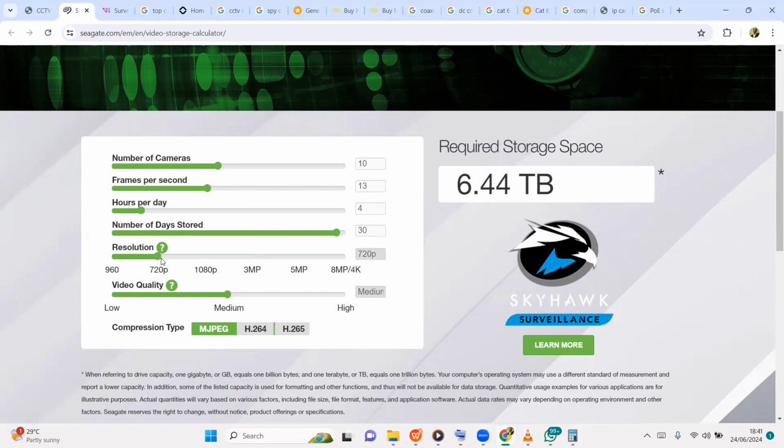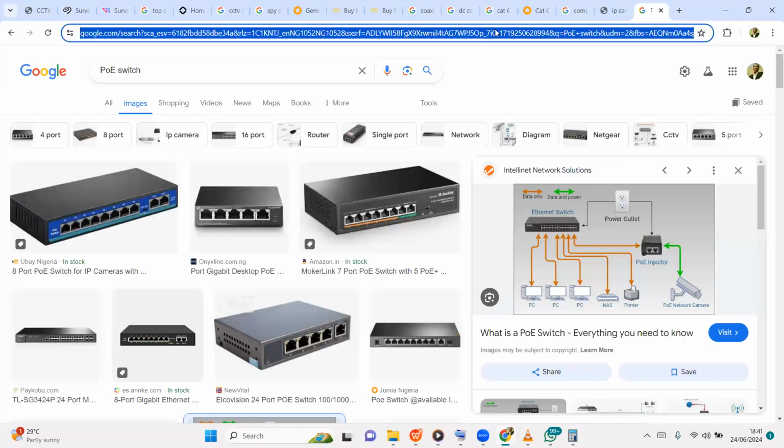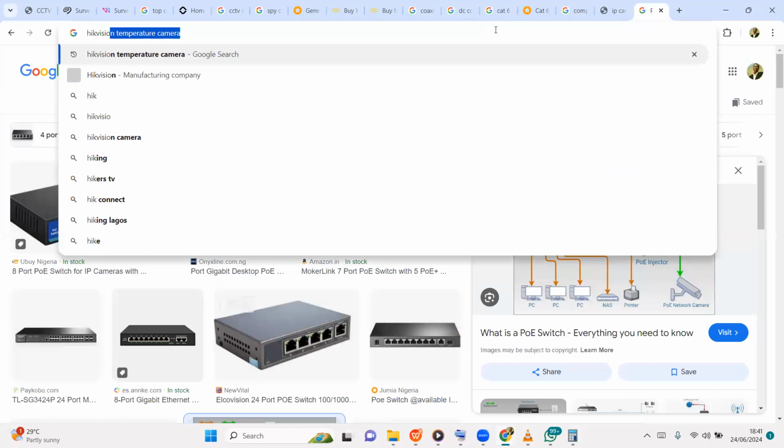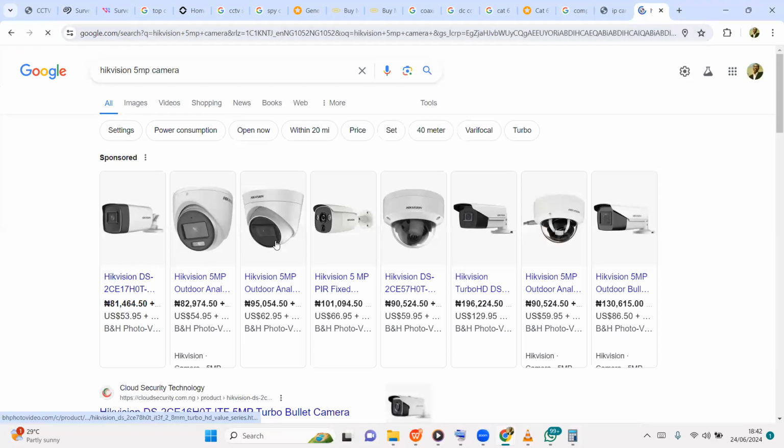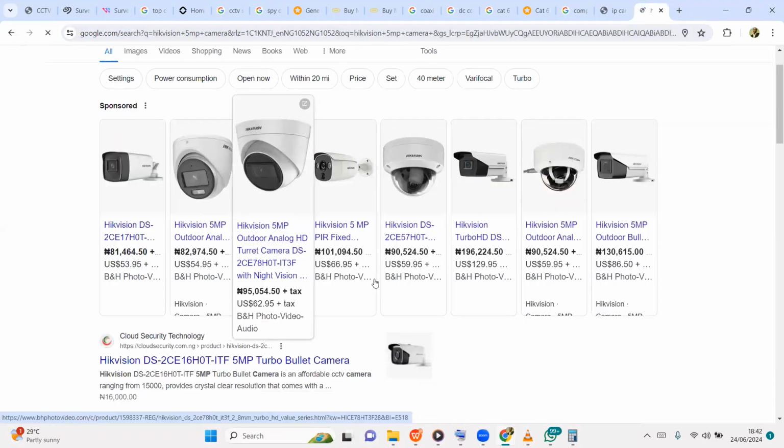So if you're recording at a base resolution, or 960 or 720, depending on what you're recording, the higher the megapixel of your camera, the more space it needs. Like if you see this high vision 5MP camera, you see the price. This is a high definition camera.